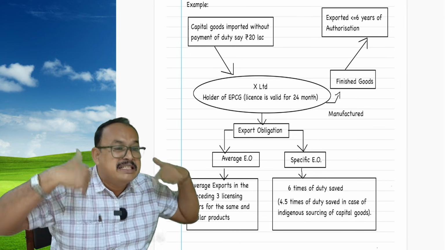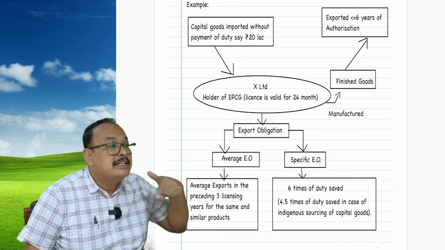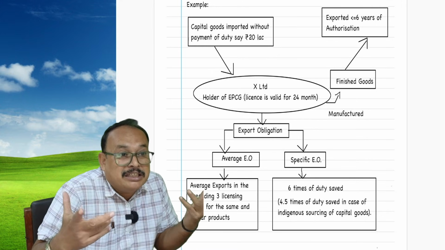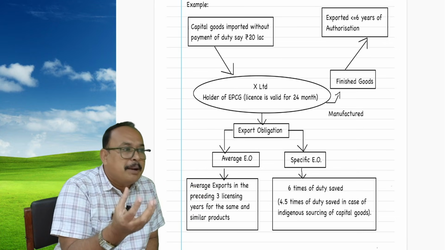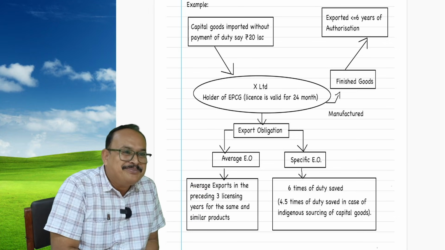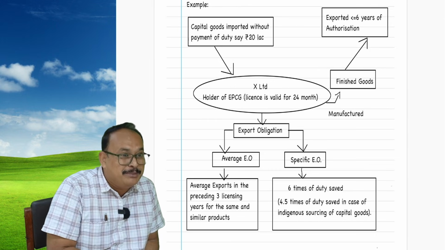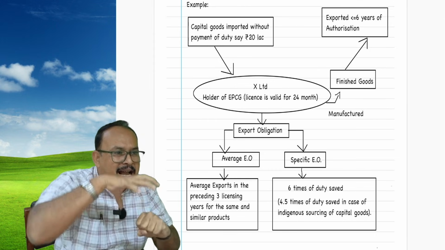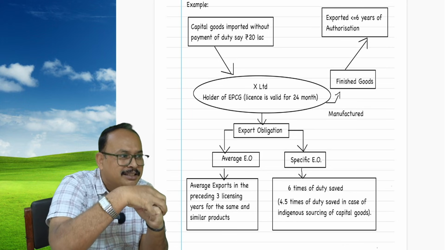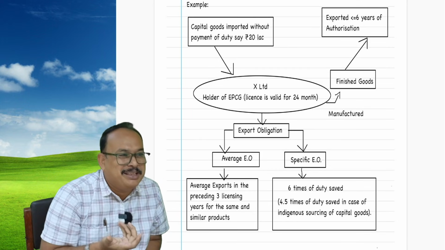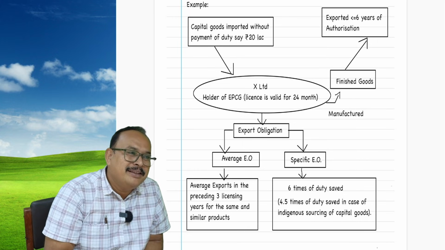If I fulfill it within 6 years from the date of authorization, I redeem the export obligation. After that I can sell the capital goods to any person. Till then I should not sell them, because they are under the actual user condition, as I imported them without paying duty. Got the clarity?